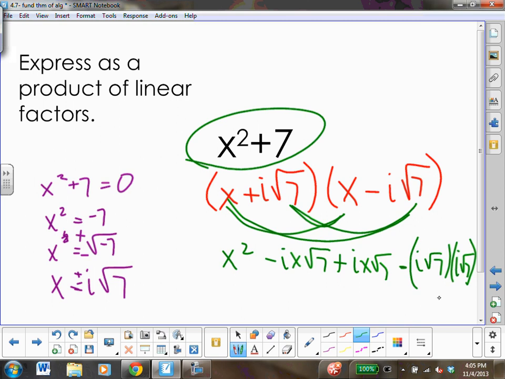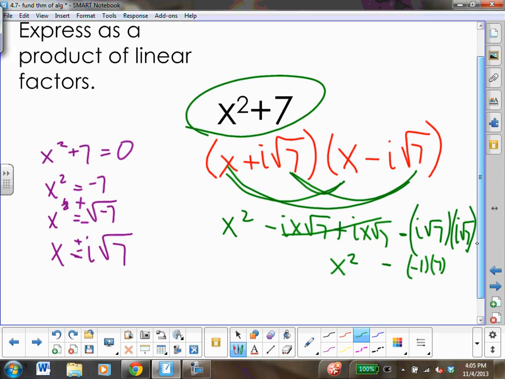So here you multiply the i's together to get negative 1. And then you multiply the square root of 7's together, square root of 7 times the square root of 7 is 7. You still have the minus out front. These cancel. And you have x squared minus 1, negative 1 times 7, or x squared plus 7. So they are equivalent statements.